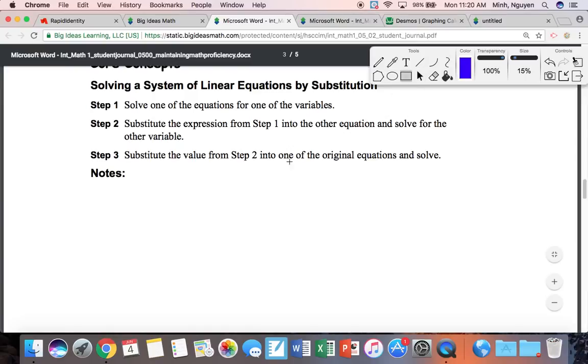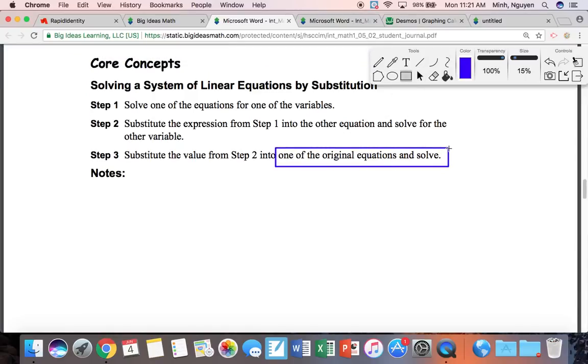It does not say which one, it just says one of, so it doesn't matter, and you solve. And you double check by substituting your solution into both equations, not just one. So checking requires both equations to be valid with the solution, not just one equation.